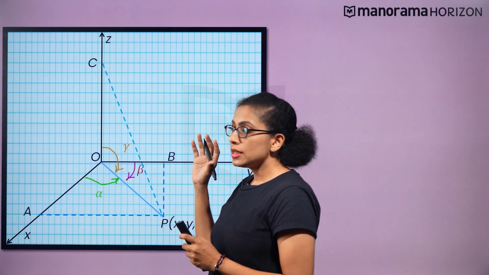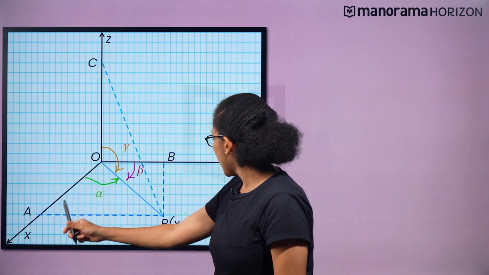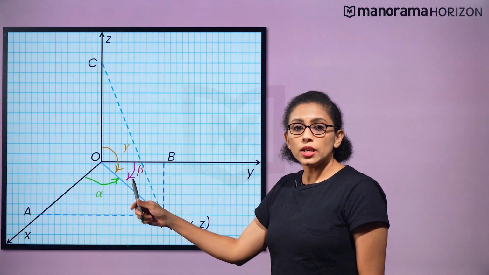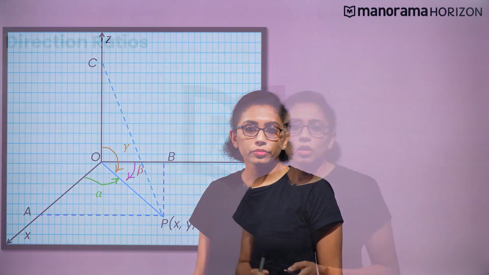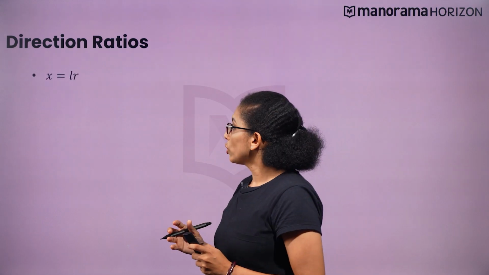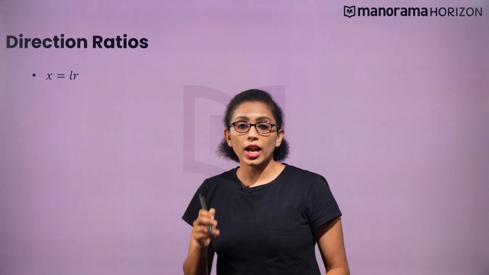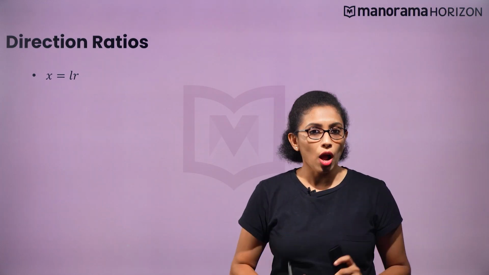Now look at this figure. One thing we can cite from the figure is that the triangle OAP is a right angle triangle. So here we get cos alpha is equal to L is equal to x by r. From that we get x is equal to L into r, where r is the magnitude of the vector r.